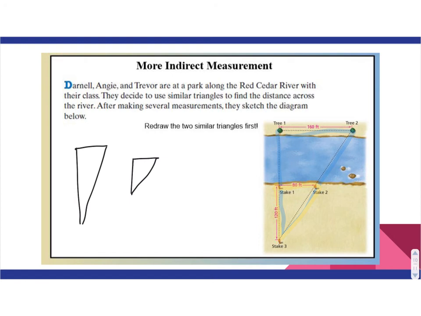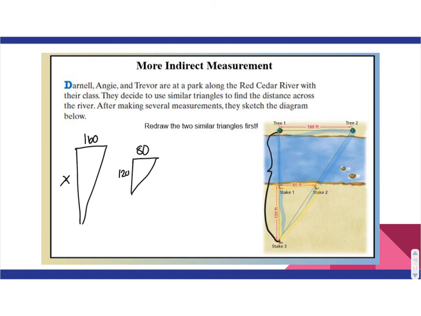I can see that I don't know this entire length. I could just call that whole thing X. I know that across the top it's 160 feet. On the small, I know this is 120 and this is 80.